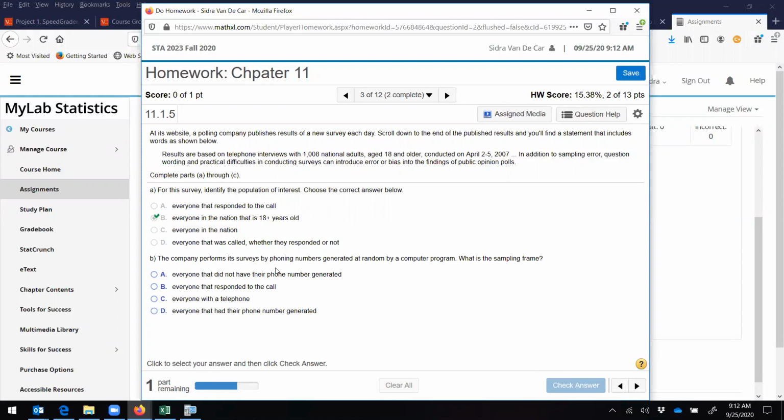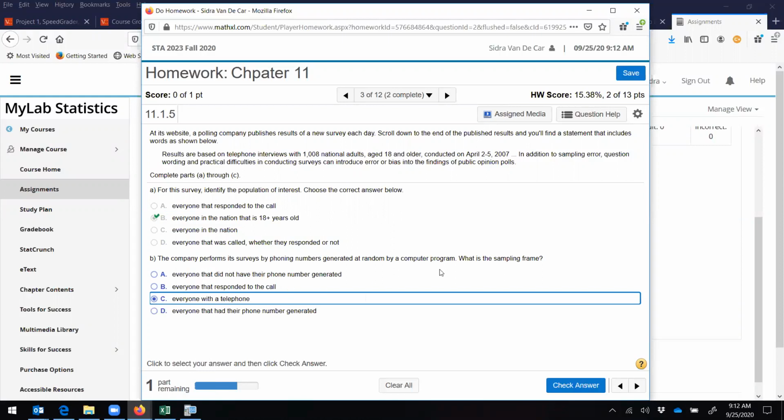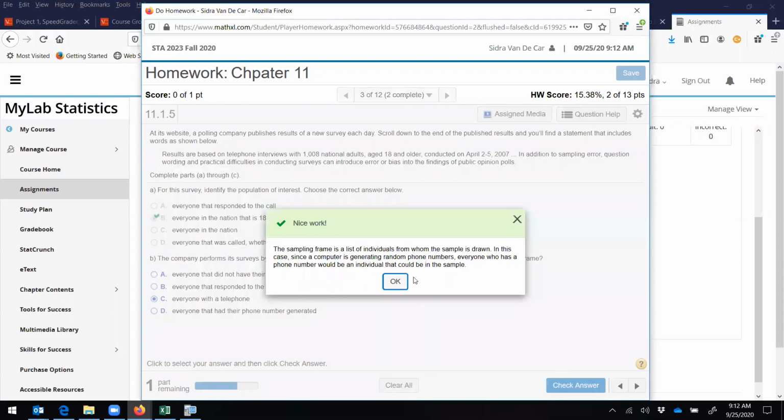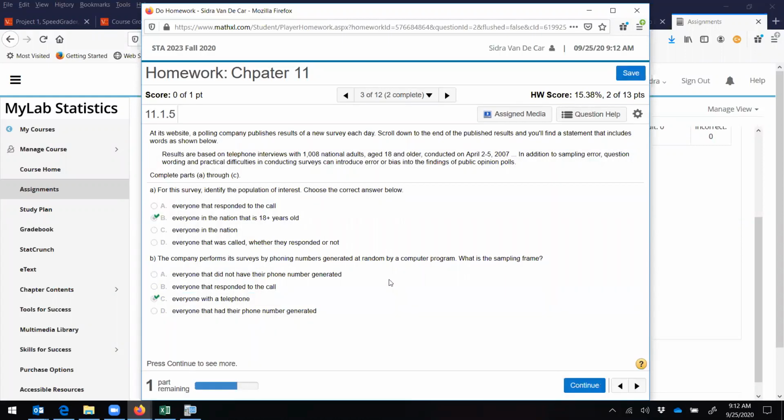The company performs its surveys by phoning numbers generated by a random computer program. What is the sampling frame? Everyone with a telephone is our sampling frame.